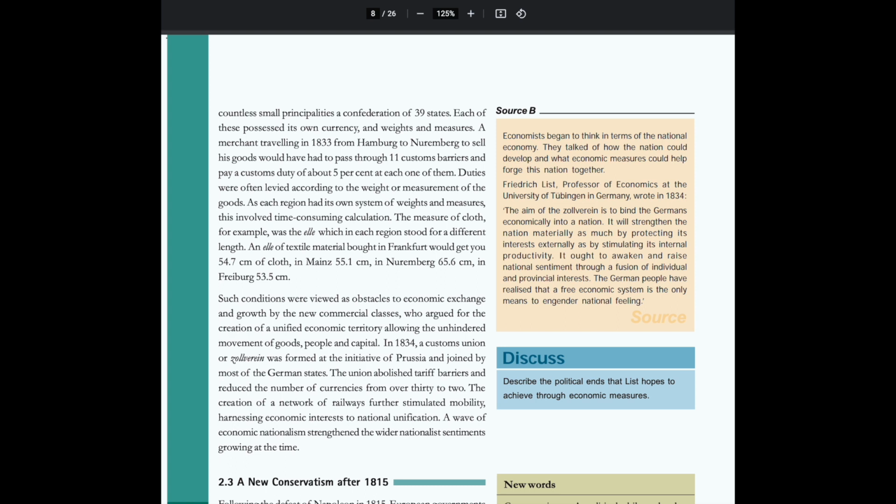Duties were often levied according to the weight or measurement of the goods. As each region had its own system of weights and measures, this involved time consuming calculation. The measure of cloth, for example, was the Elle, which in each region stood for a different length.